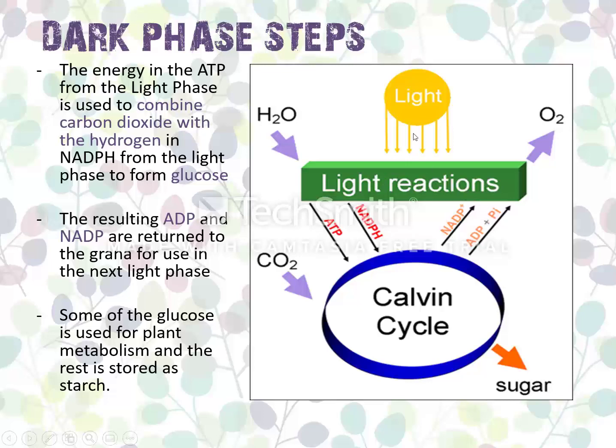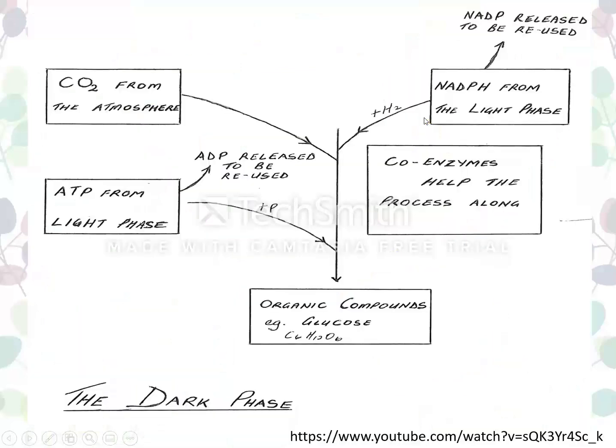Okay, and so I don't think it's really that difficult. If we just go through the dark phase again, we know that we have NADPH that came from the light phase. We also have ATP that came from the light phase. We then also include CO2 that comes from the atmosphere. And when we do that through the process, we form glucose.